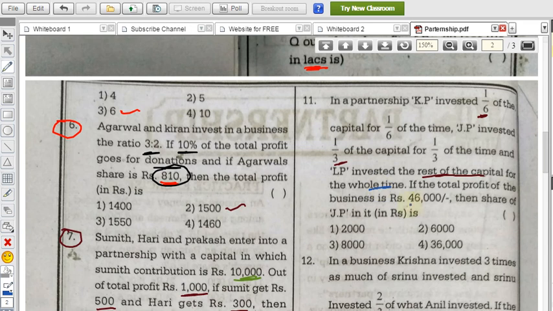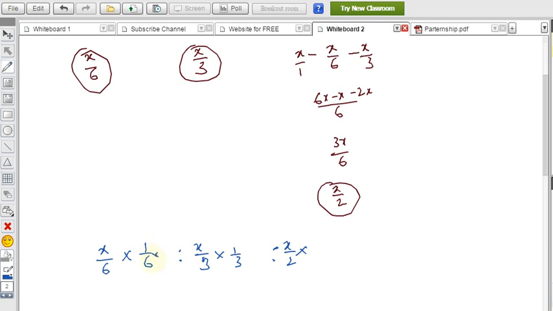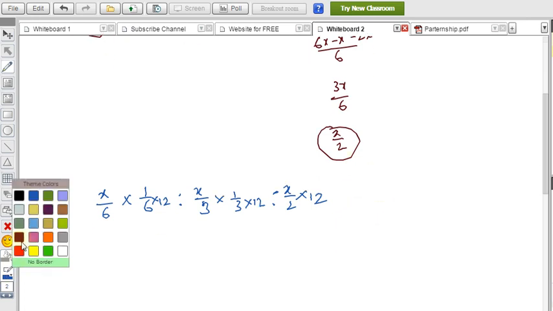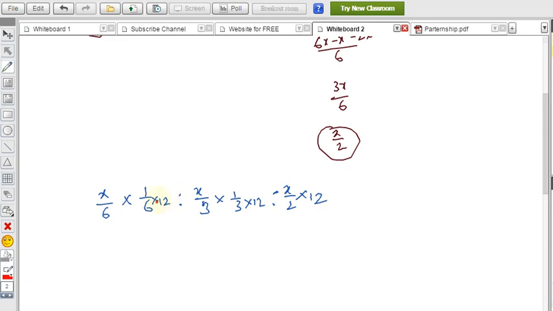Profit after 1 year, so 1 year means you can take 12 months. So 1/6 of 12 months, 1/3 of 12, and completely 12 months. Just simplify this. Get cancellations: 12, 12, 12 get cancelled, X, X and X. The remaining is 1 by 36 is to 1 by 9 is to 1 by 2.